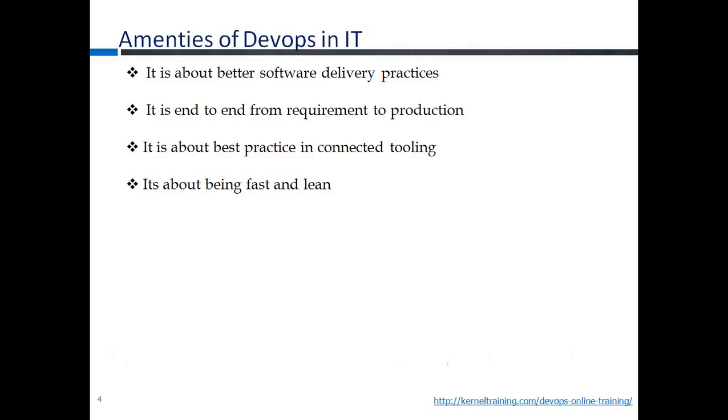We should follow a particular methodology so that we deliver something better for the company, something better for an IT firm, something better for bigger MNCs. That's why we call DevOps a very quality-oriented thing.